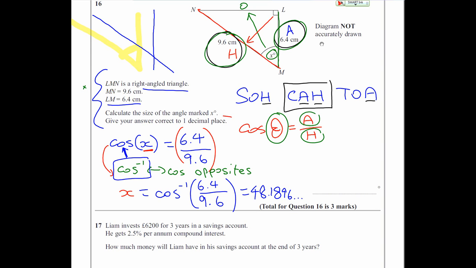Read the question. 1 decimal point. You do not want to lose a mark if not rounding correctly. 1 decimal point, you want one number after a decimal point. Look next door, the 8 is going to round it up to a 2. So 48.2 is your answer.